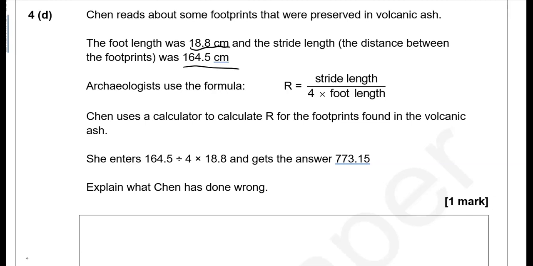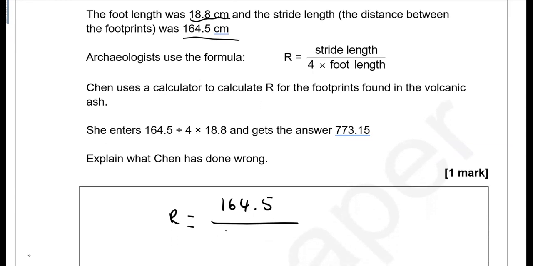So let's just first of all use the formula and substitute the values. So we've got R is equal to stride length, which is 164.5, and that should be divided by 4 times the foot length, which is 18.8.